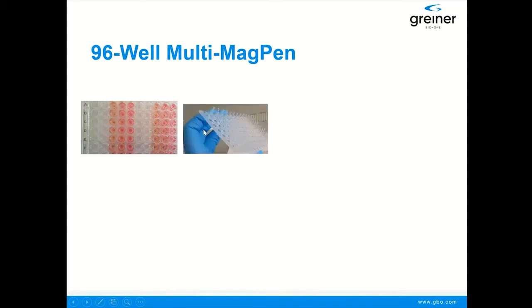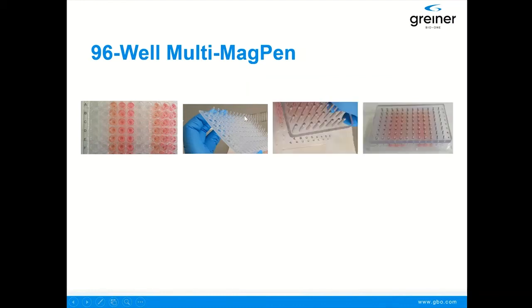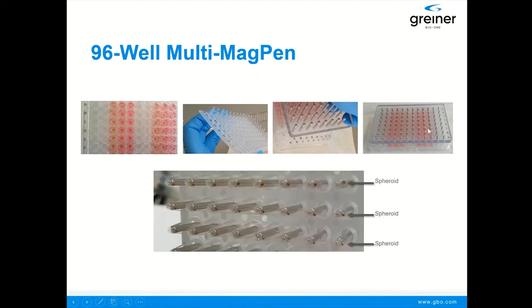Then you have a plastic sleeve, which looks very much like a PCR plate, but it's not, because we modify this plate so the cells won't stick to it. Then you put this sleeve inside of your 96 well plate. Then you put a magnet inside of the sleeve, so the magnet's never in touch with the cells. And then you're able to pick up your spheroids very easily.